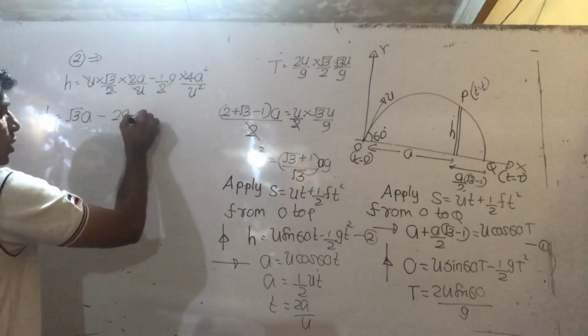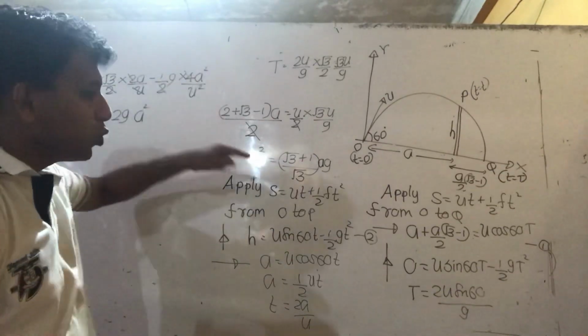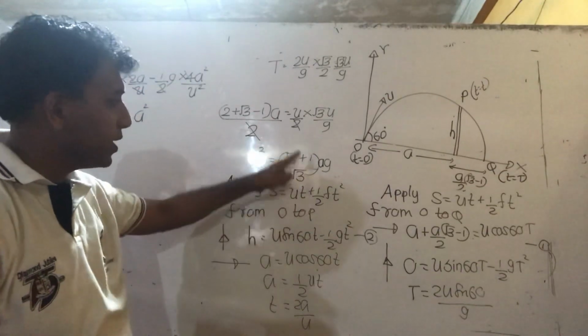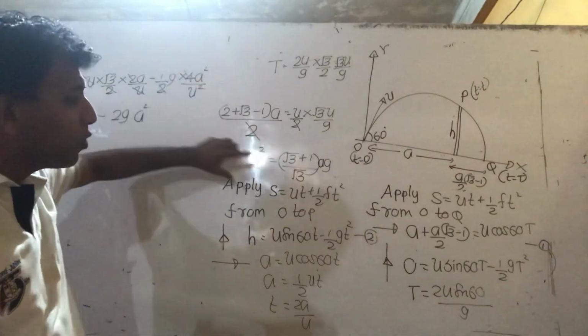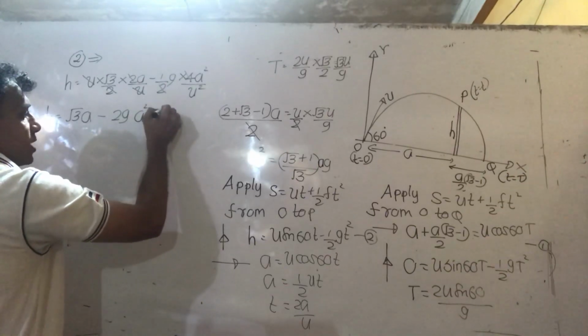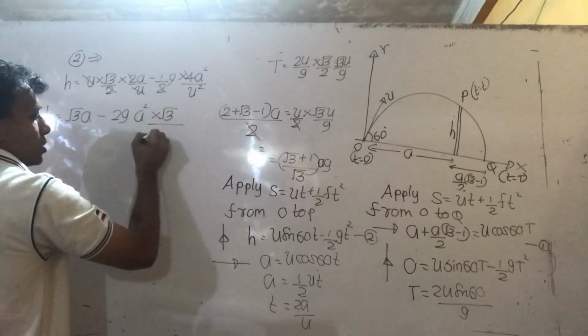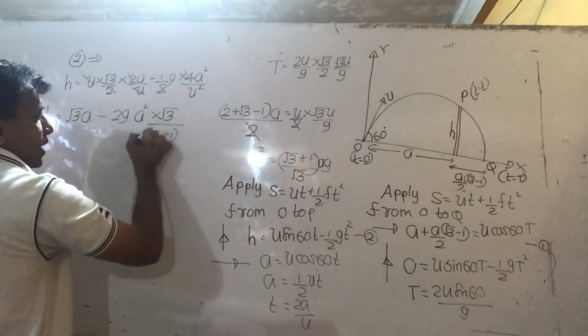I say a square. What is 1 over u square? You know the u answer already? Or you can take, what is u square? 1 over u square. Then root 3a minus, over root 3 plus 1 into ag.